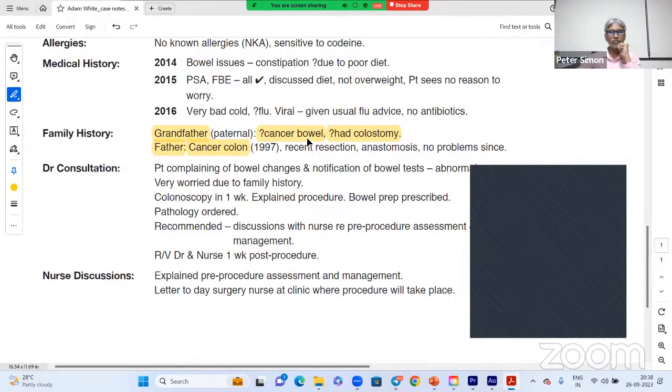So you can say a family history of cancer. It's very strong. A strong family history of cancer. Very good.